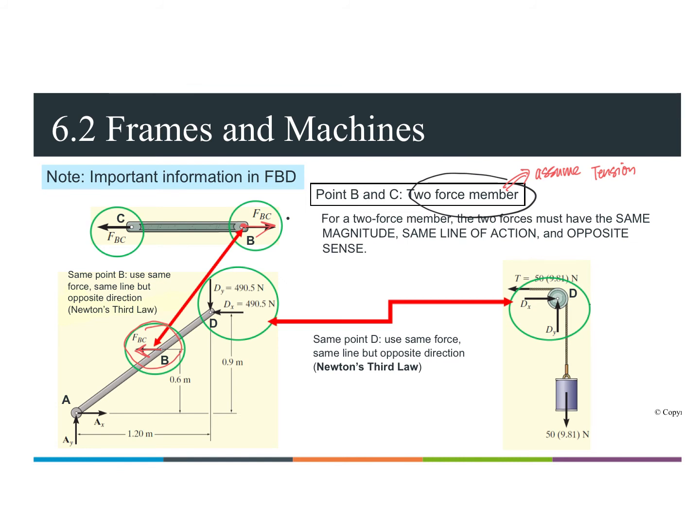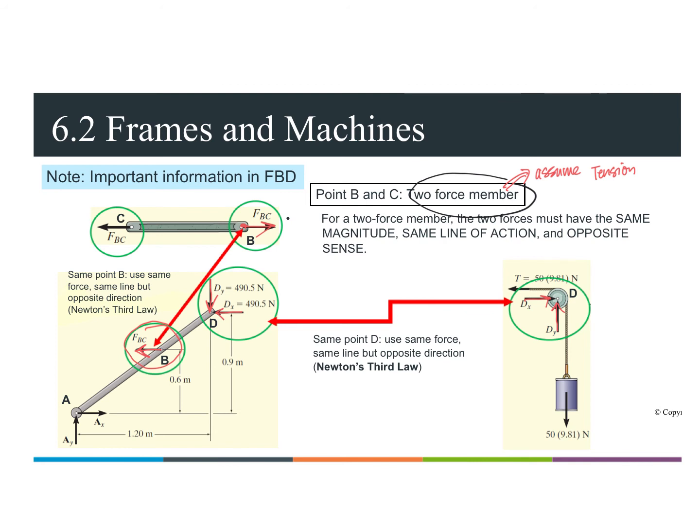Same goes for point D here, the pulley point. Before this we used DX to the right, and DY facing outward, right? When we apply it to another member, we have to use a different direction. This is the requirement, right?